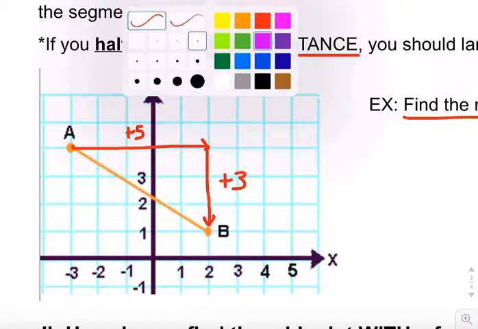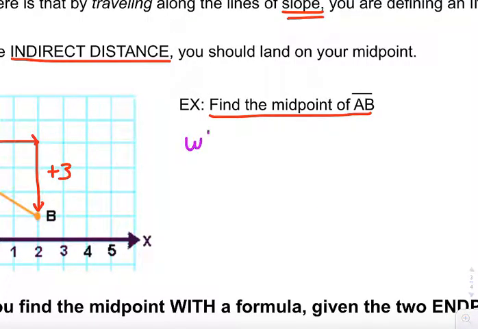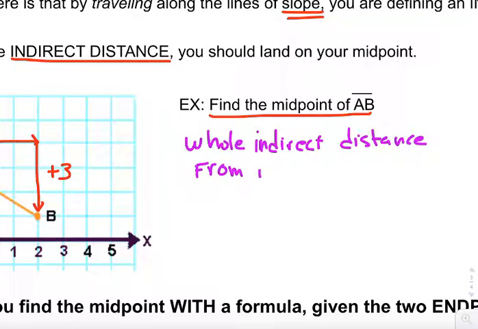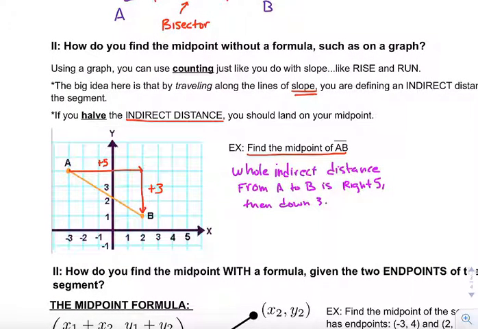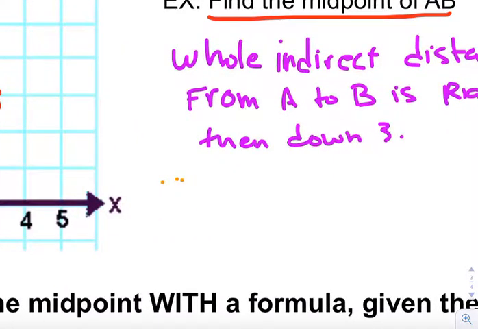That tells you the whole indirect distance from A to B: over 5 and then down 3. So if I want to find the midpoint, that means half that journey.